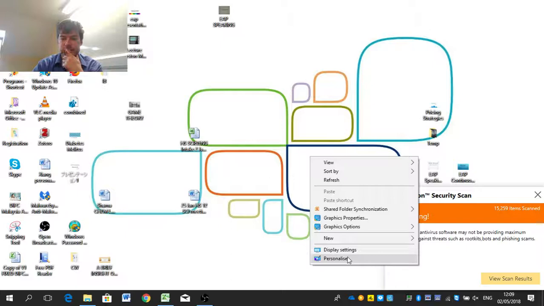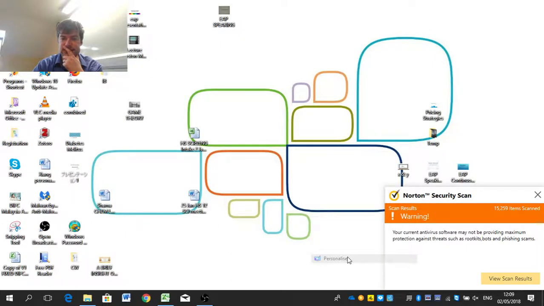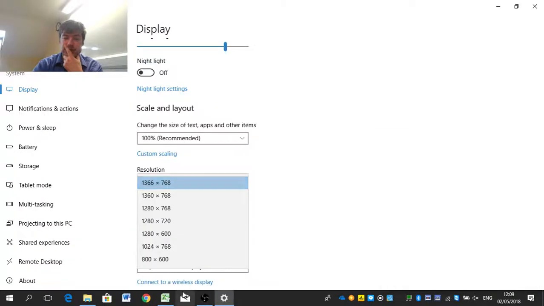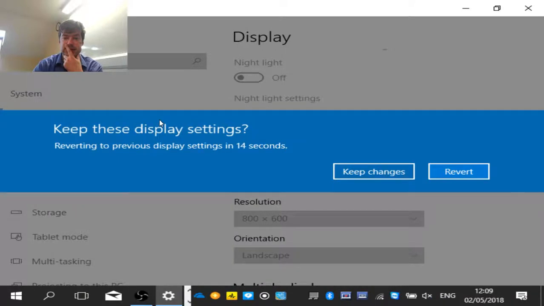It's with the resolution, is it? Too small? We need it bigger? Display settings, I suppose. That's already the biggest. Oh, that's worse.